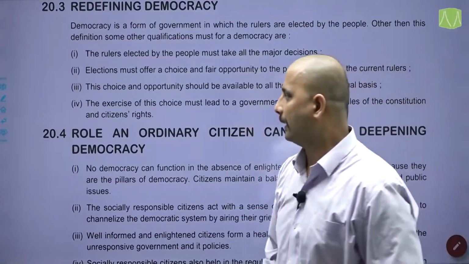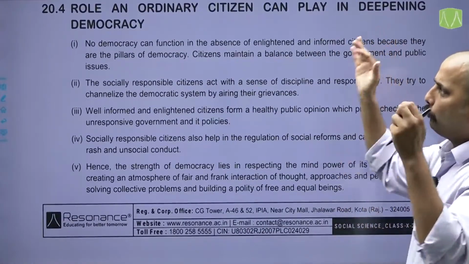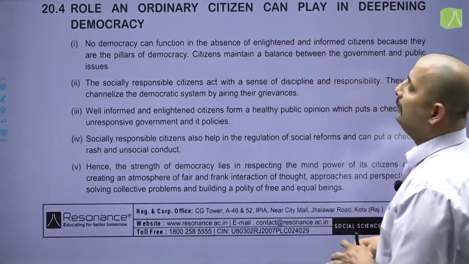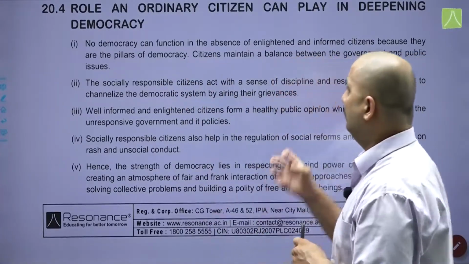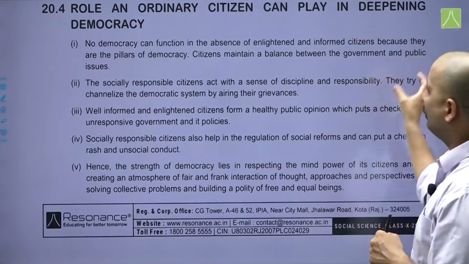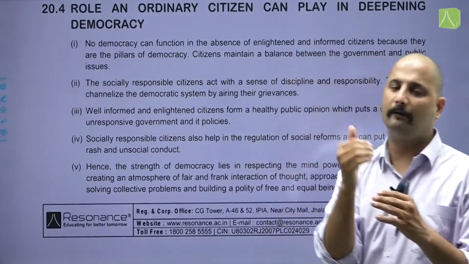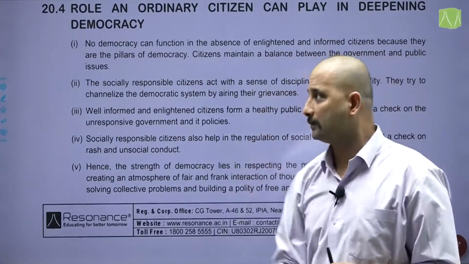Now, the most important thing: what role can we, as ordinary citizens, play in deepening democracy? No democracy can function in the absence of enlightened and informed citizens, because they are the pillars of democracy. Therefore, citizens have a very important and crucial role in deepening democracy.